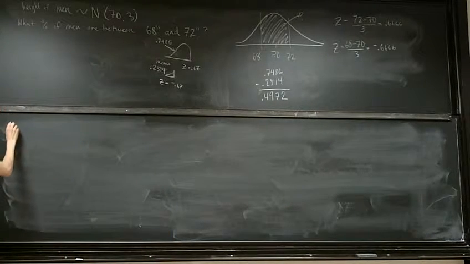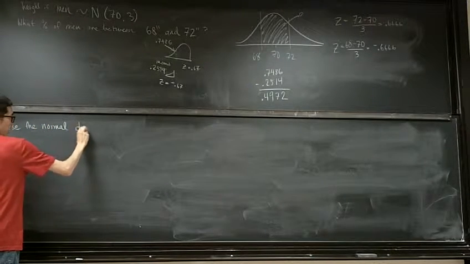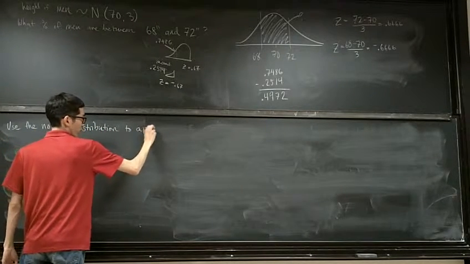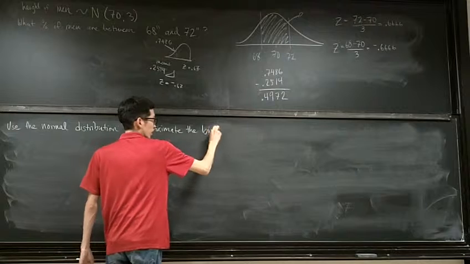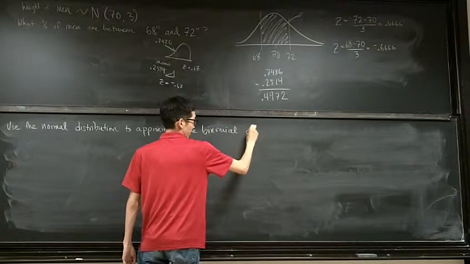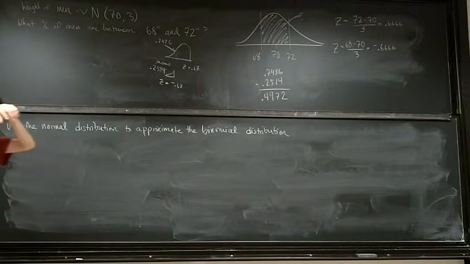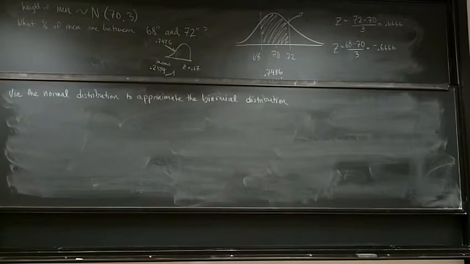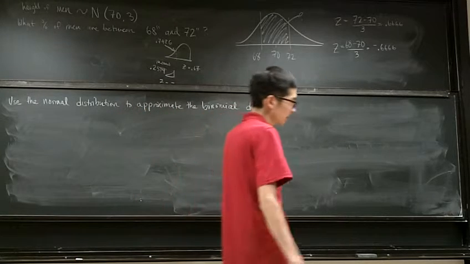In chapter 5, we're going to use the normal distribution to approximate the binomial distribution. So this is how it's going to work. The binomial distribution is discrete.